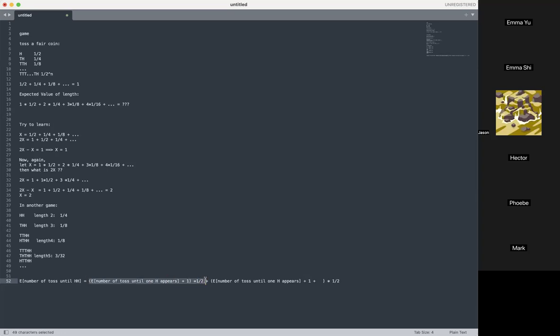Or we can also get 2H when we first toss a 1H and then toss a T, right? This can also happen with 1/2 probability, but we still need to plus something. Why? Because if we toss until one H appears and toss a T, then we need to start over, right? Because you have a T and the H here doesn't count at all. And we still need to toss. Then how many times do we need to toss in order for 2H to appear?